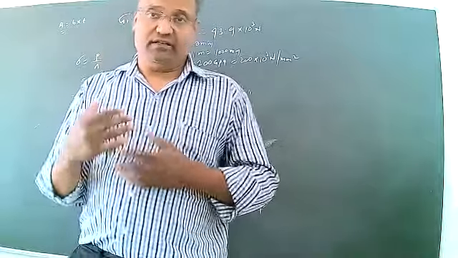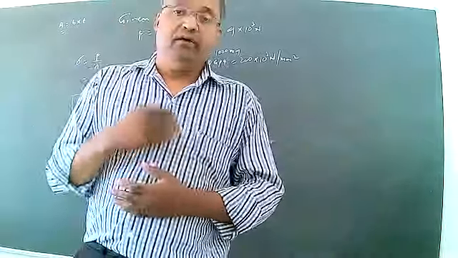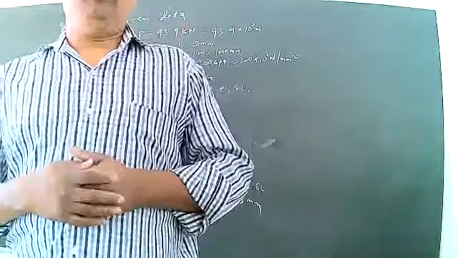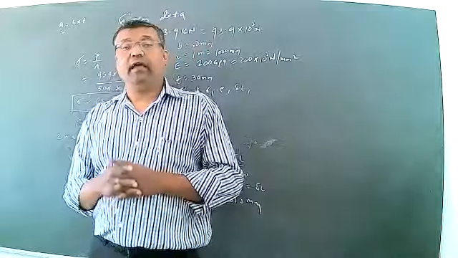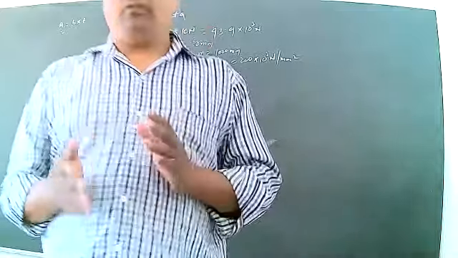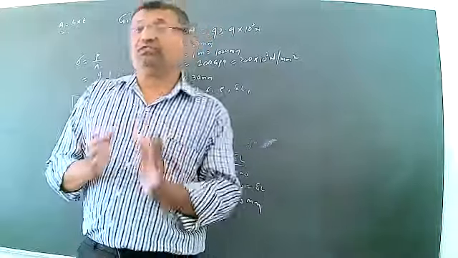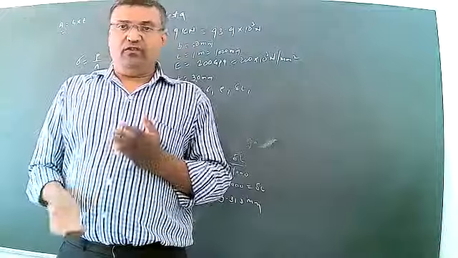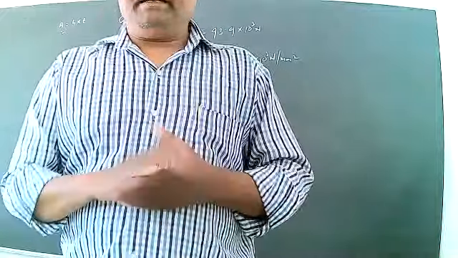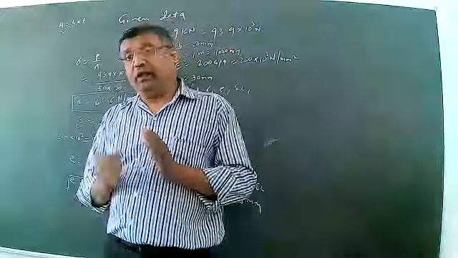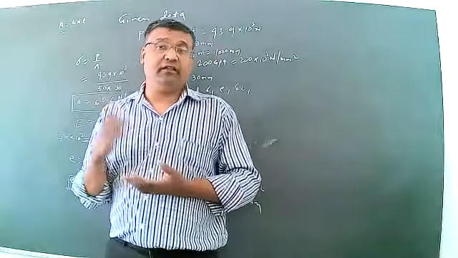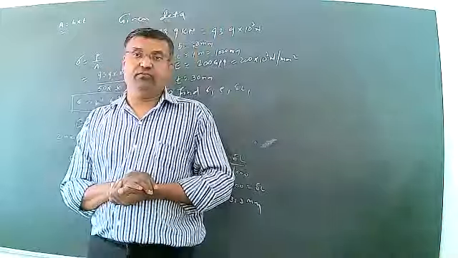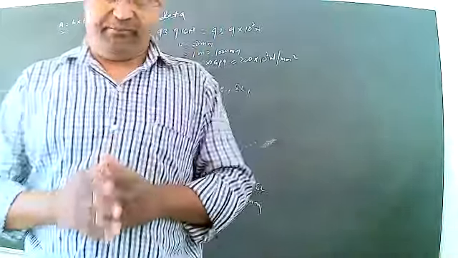Once we calculate e, then calculate the change in length delta L according to the formula of strain, that is the ratio of change in length to original length. Then you can also calculate delta L by another formula, delta L is equal to PL upon AE. Then the answer will be the same.